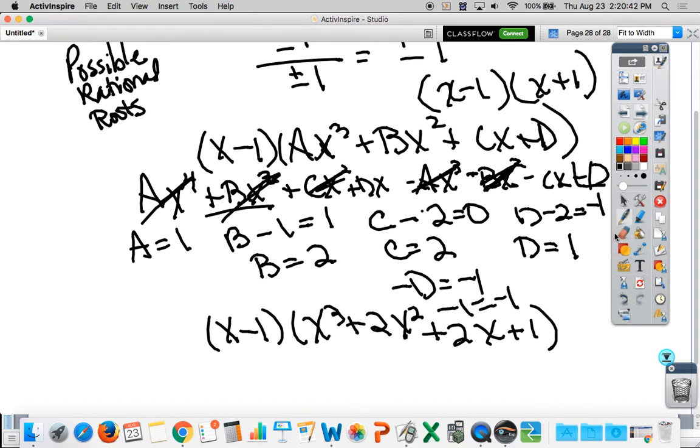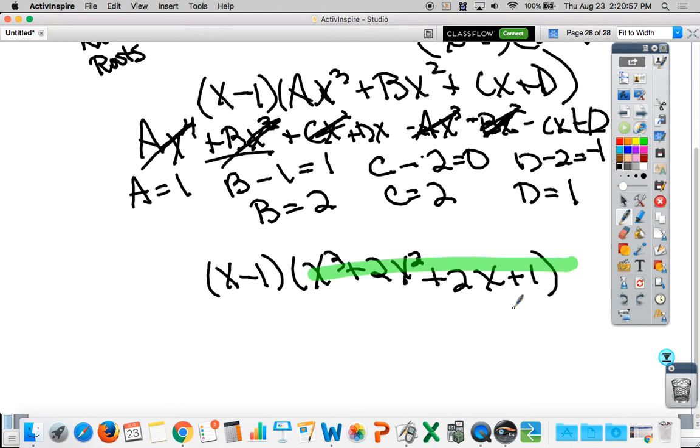But we're not down to a quadratic yet. So, what do you have in this parentheses? What is this? What is that? It's a cubic. So you can do polysolve and get any roots of that cubic.